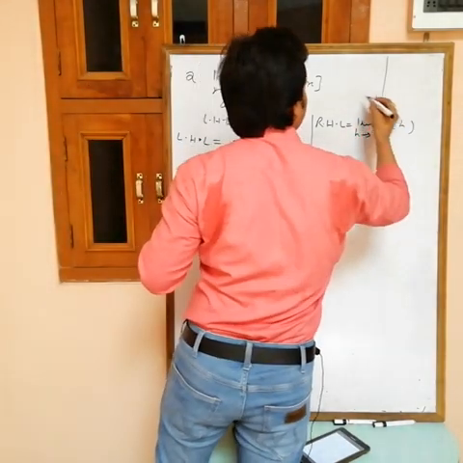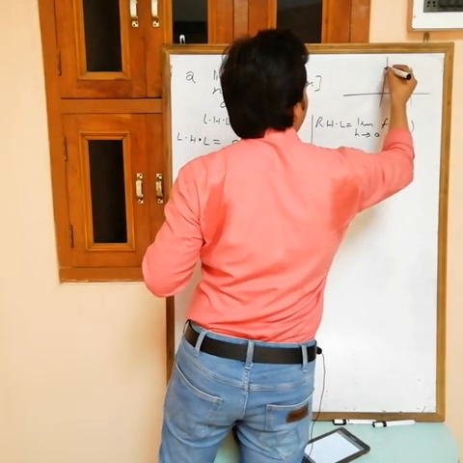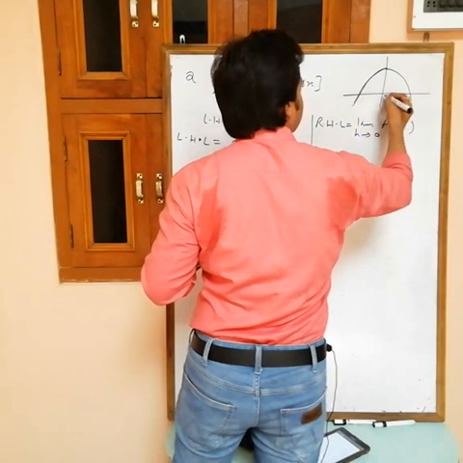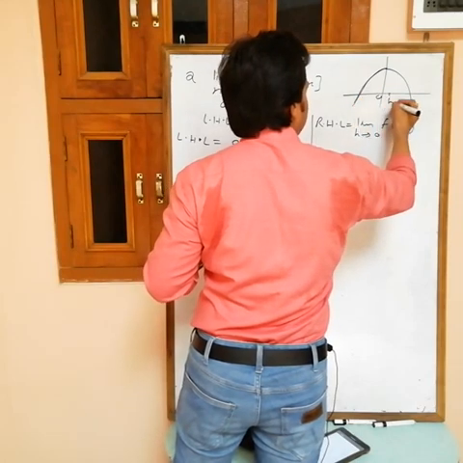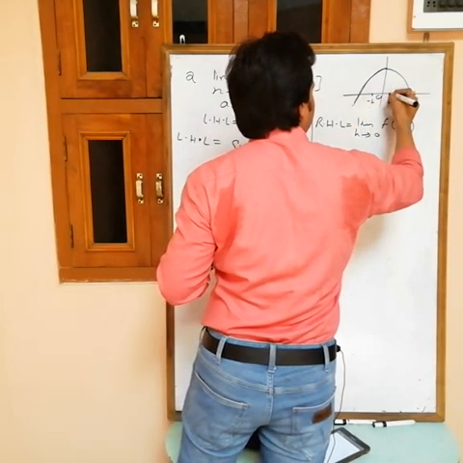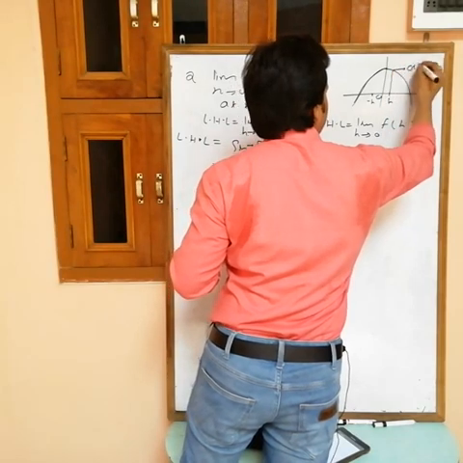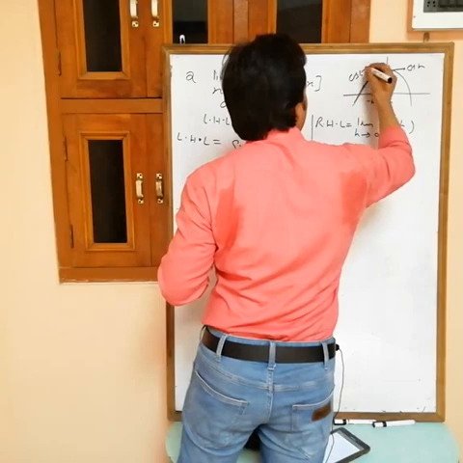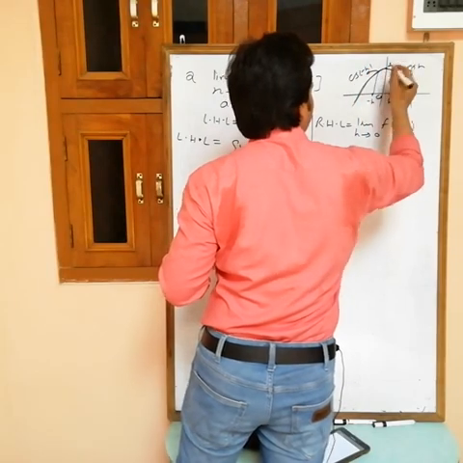See, this is the graph of cos. This is 0, this one is h, and this one is minus h. This is cos h, this is cos of minus h, and here we have 1.